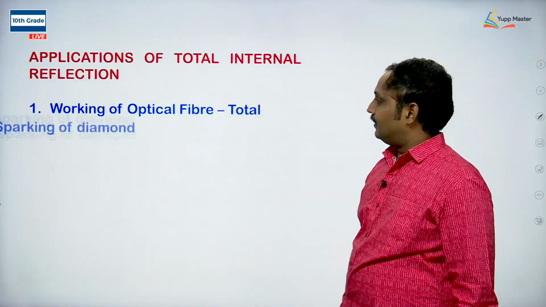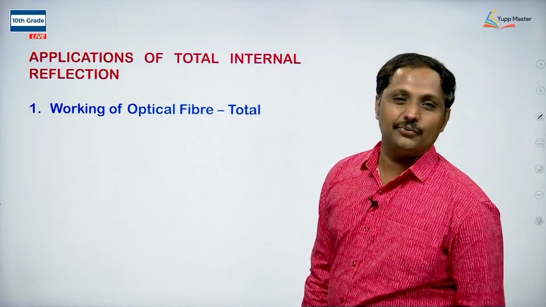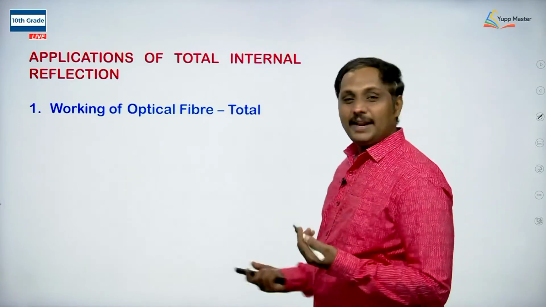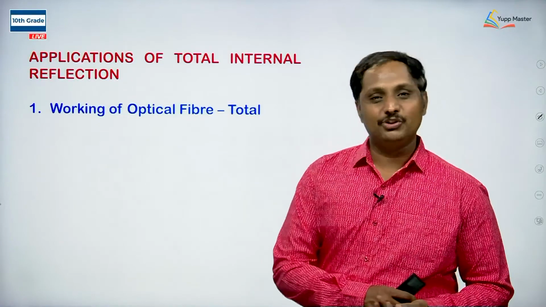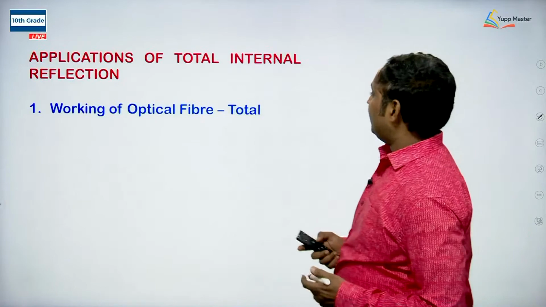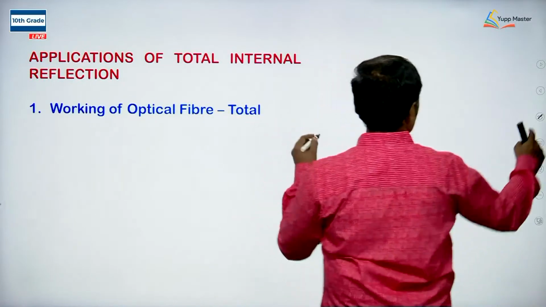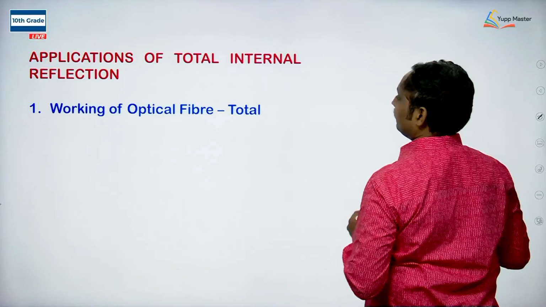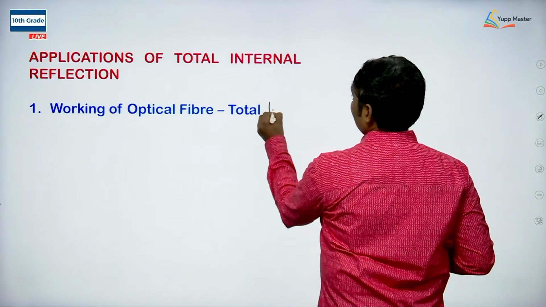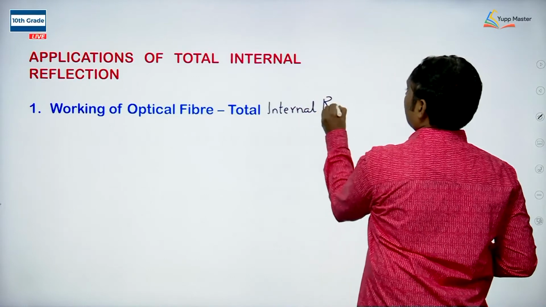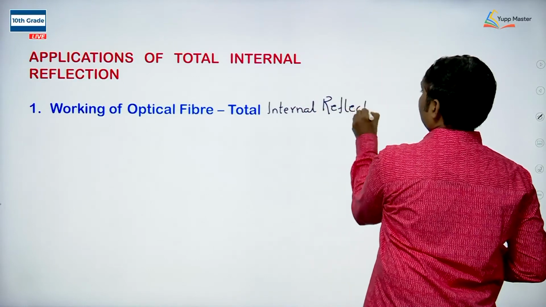Yes, next the applications of optical fiber. It is widely used in telecommunication, but how does it work? The working of optical fiber is from total internal reflection. These are all from total internal reflection.